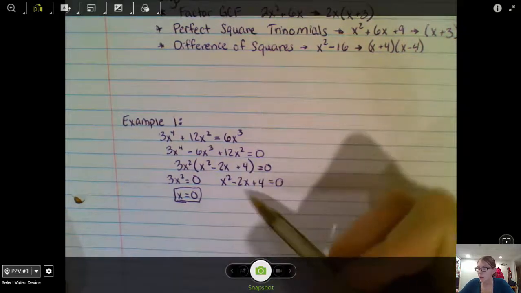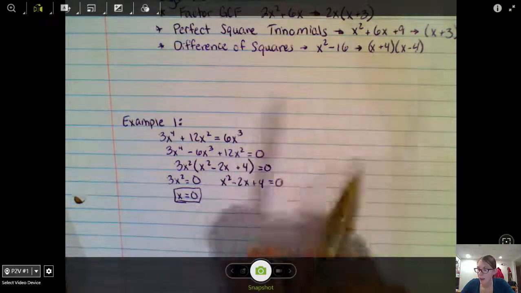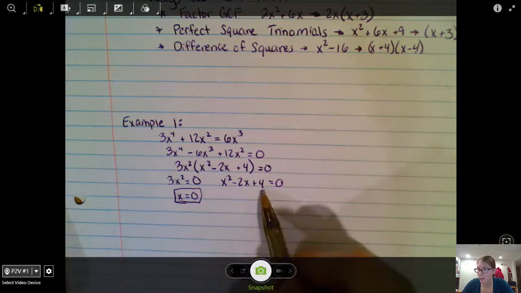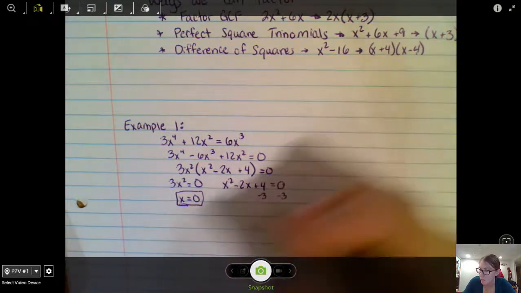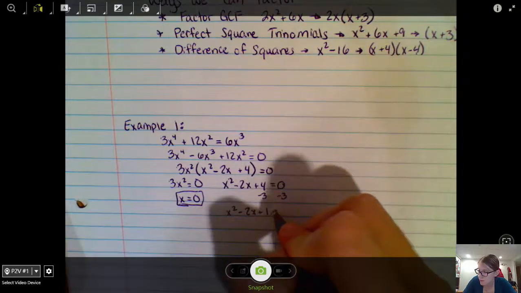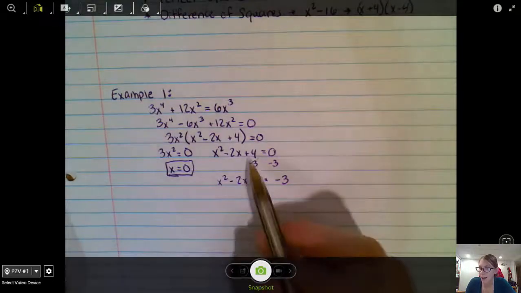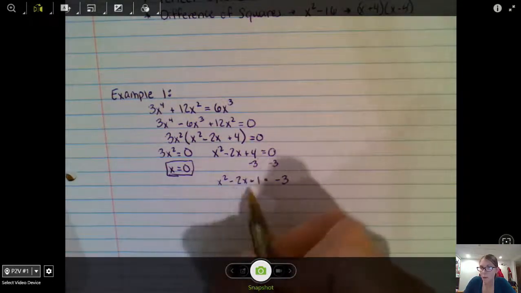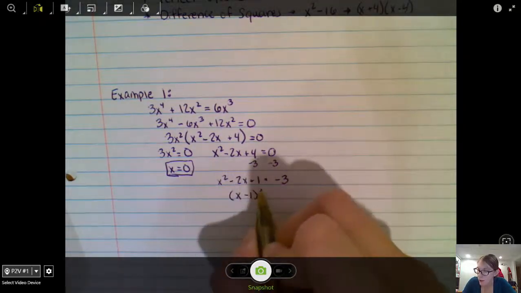To complete the square, we take b divided by 2 and square it. In this case, that would give us 1. I want this number to be a 1, but right now it's a 4. I need to subtract 3 from each side. After I complete the square, this gives me a perfect square trinomial, x minus 1 squared.